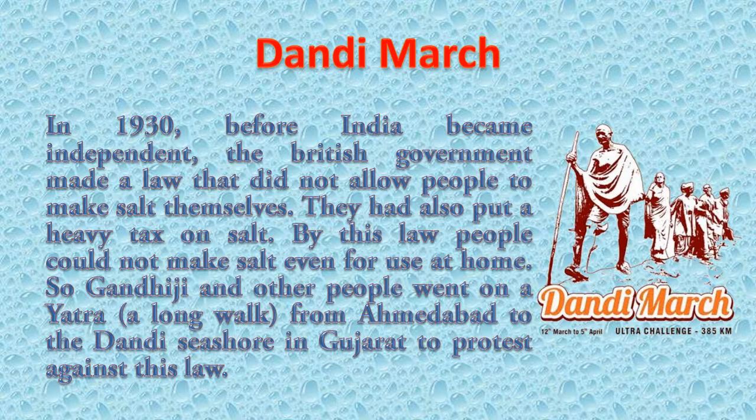They had put a heavy tax on salt, so people could not make salt even for their own use at home. Gandhiji heard about this law. He could not agree with this law. So Gandhiji called all the people together and went on a long walk from Ahmedabad to the Dandi seashore in Gujarat to protest against this law. This long walk was known as Dandi March.